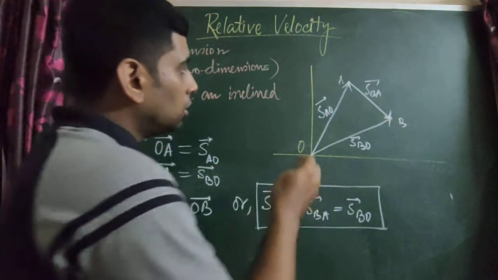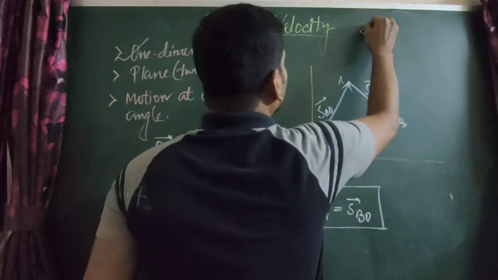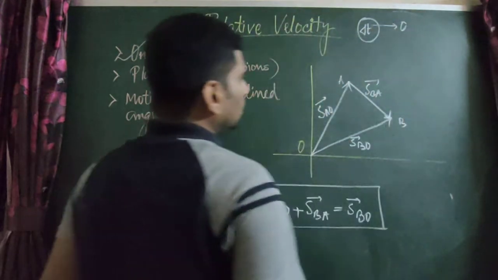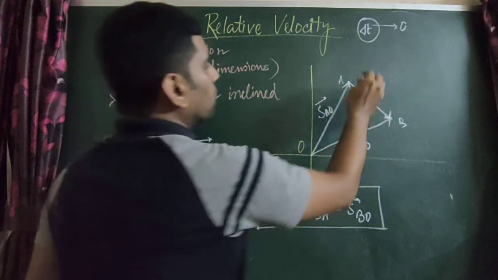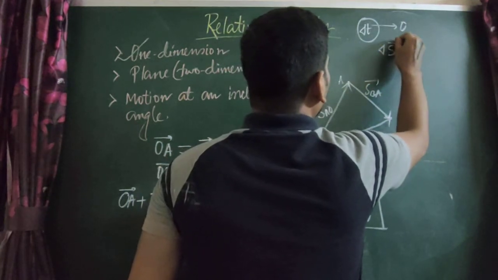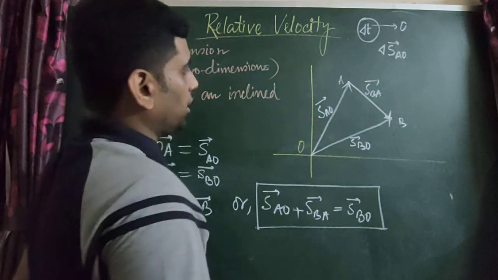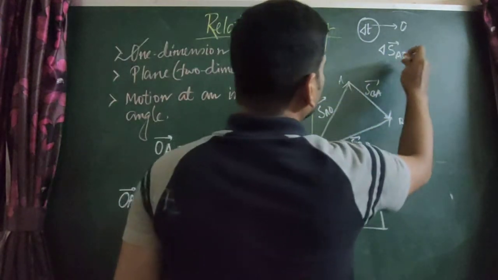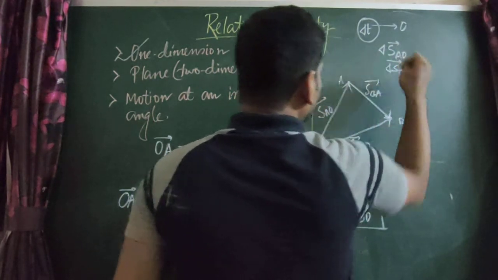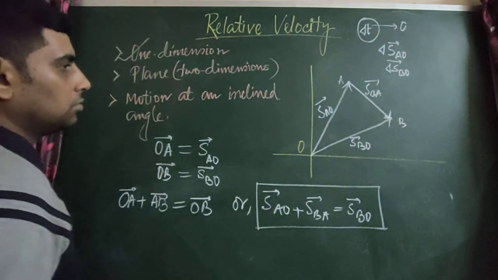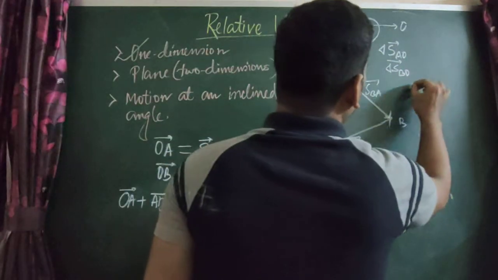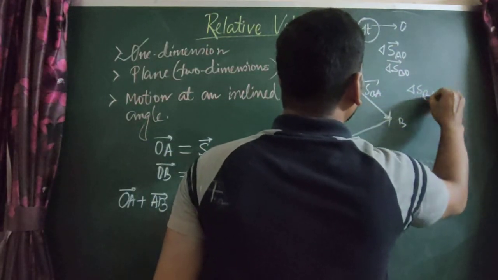Now consider that in a small time delta t, which almost tends to 0, A moves by a distance, suppose delta SAO, the change in delta t time. Similarly, point B moves by delta SBO. So SBA will also change by an amount delta SBA in time delta t.